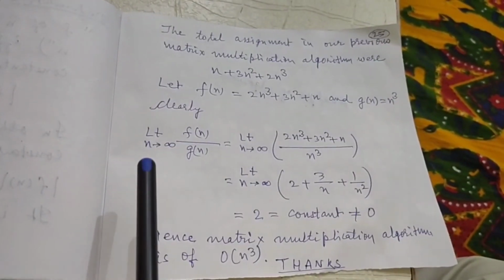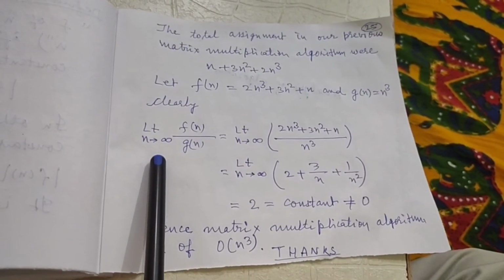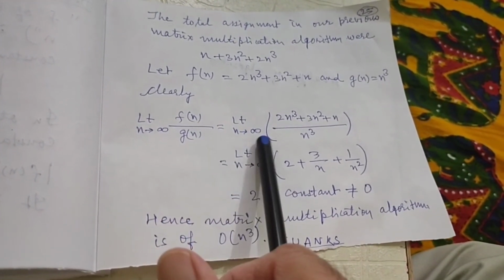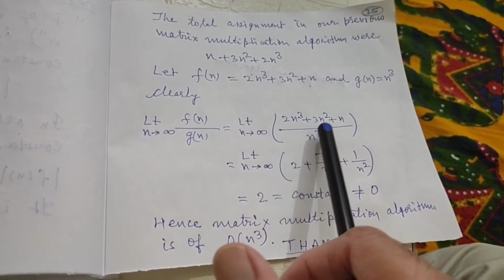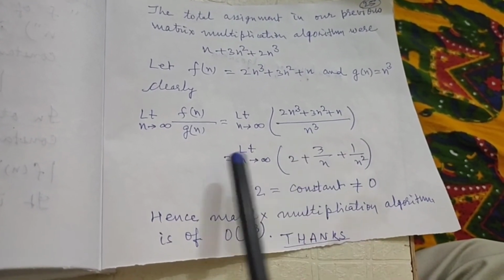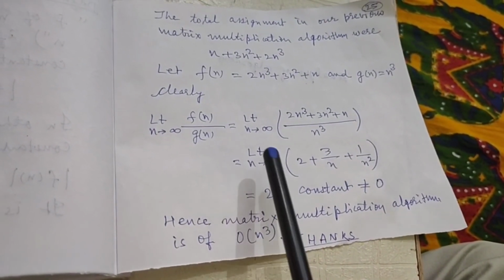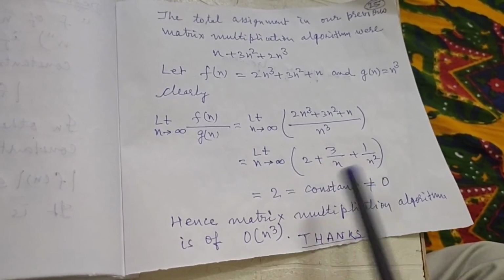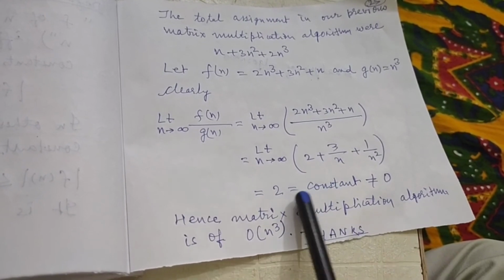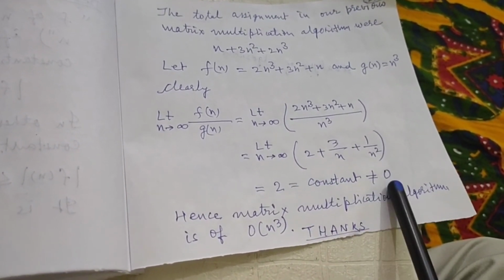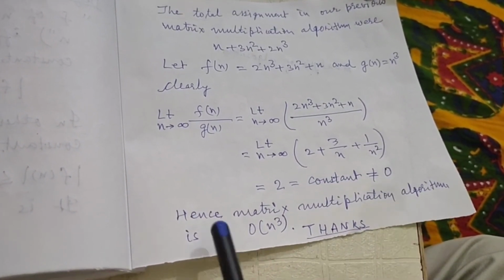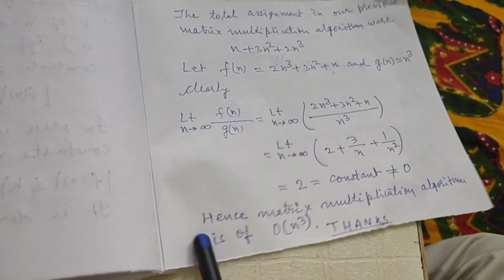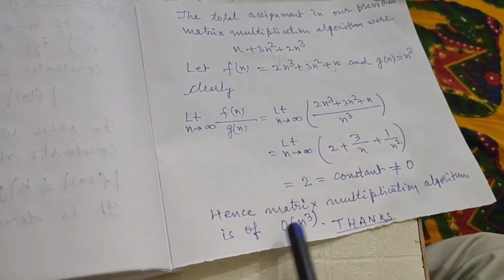Clearly, let n tend to infinity, f(n) upon g(n) is equal to limit n tends to infinity of 2n cube plus 3n square plus n upon n cube, which is limit n tends to infinity of 2 plus this value, which is equal to 2, which is a constant not equal to 0. Hence, the matrix multiplication algorithm is of order of n cube.